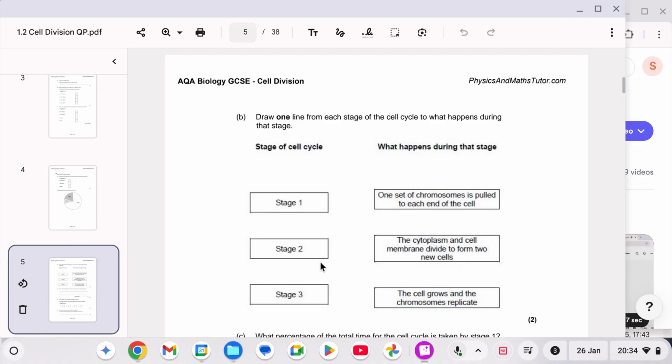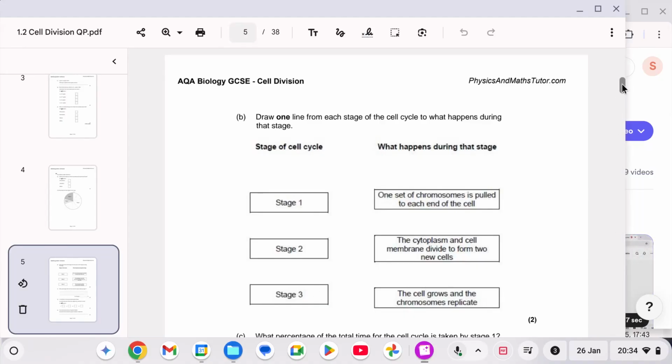Stage 2, have a look, see if you can figure out which one it is. It's this one. One set of chromosomes is pulled to each end of the cell. And then stage 3 is when they split. So we're looking for something about dividing. Here we go. The cytoplasm and cell membrane divide to form 2 new cells. Okay, 2 marks for that. So if you got it right, very well done.